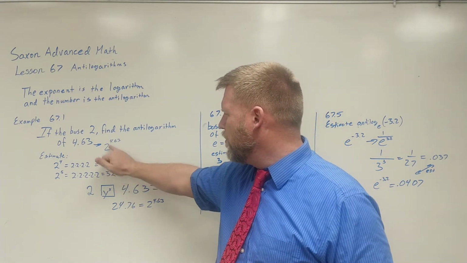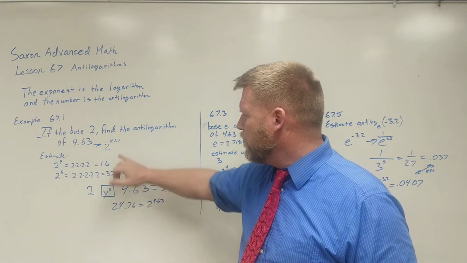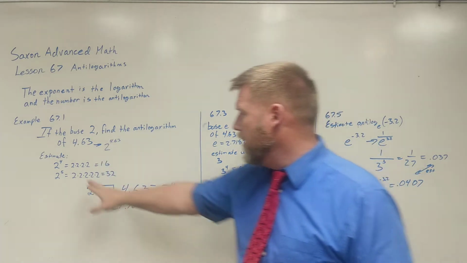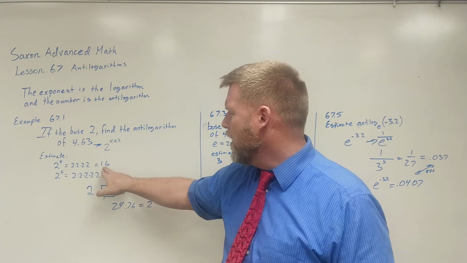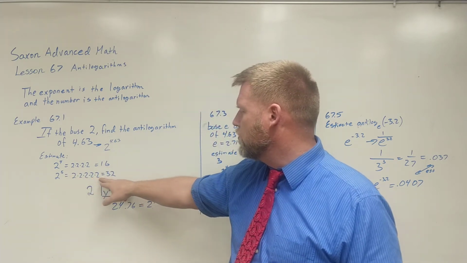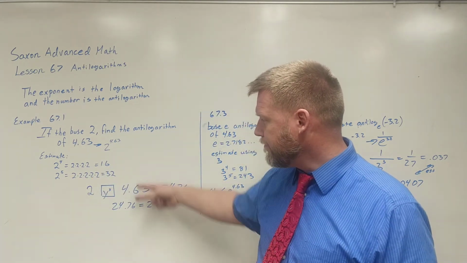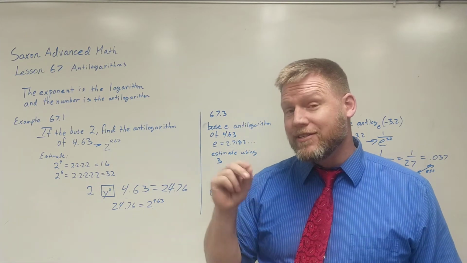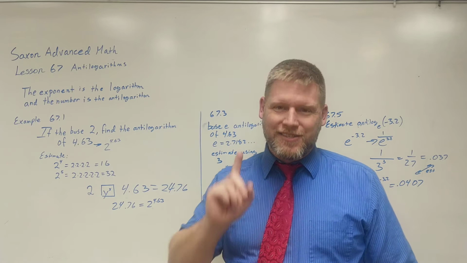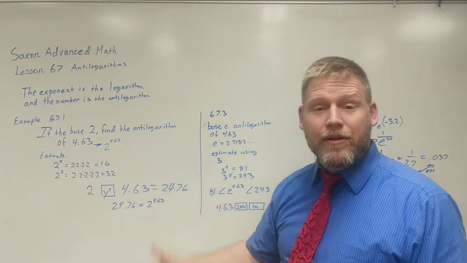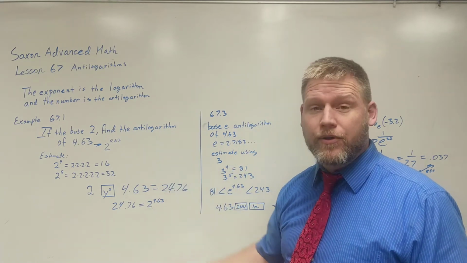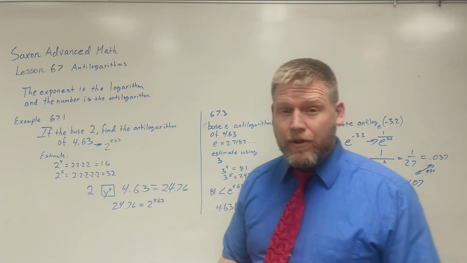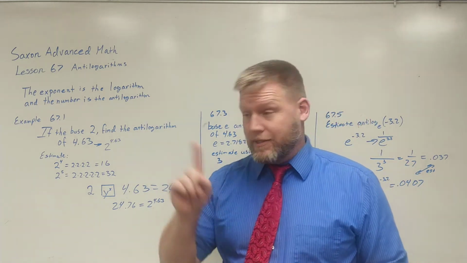So 2 to the 4.63, it's between 2 to the 4 and 2 to the 5. Well, I can do 2 to the 4, right? 2, 2, 2, 2, which is 16. And 2 to the 5, 2, 2, 2, 2, 2, which is 32. It's between these two numbers. So if I get an answer that is not between those two numbers, something is wrong, and I've done either a mathematical error or with the calculator, put it in wrong, not used order of operations appropriately, or just typed the wrong number.